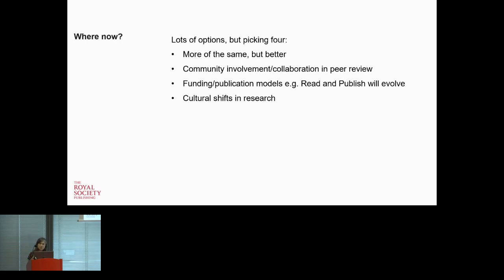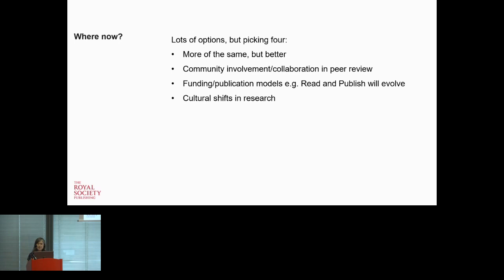As I mentioned, reviewer fatigue, so more work to address reviewer fatigue is needed. Experiments have been carried out for some time by some publishers, such as eLife and F1000, and research into forms of collaborative peer review or fully open peer review is part of some of these experiments.